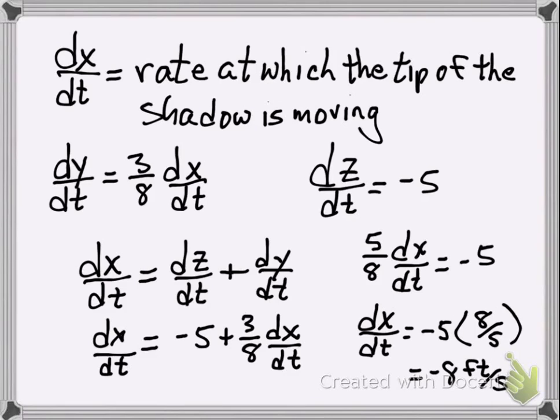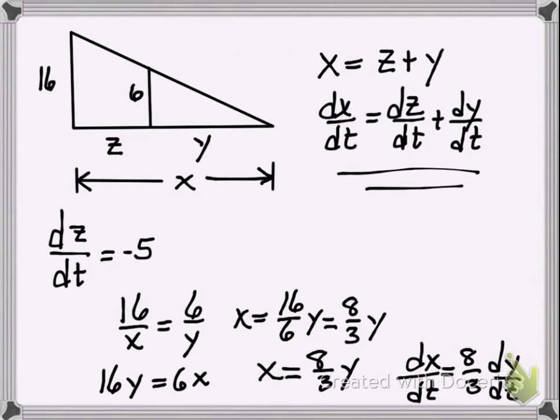So the second question was, at what rate is the length of his shadow changing when he is 10 feet from the base of the light? If we go back and look at the diagram, the length of his shadow is y.